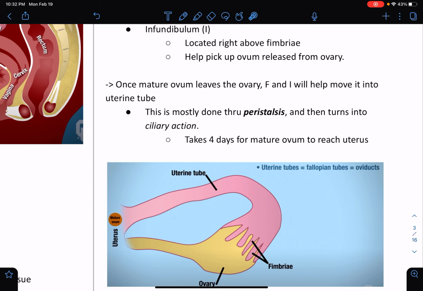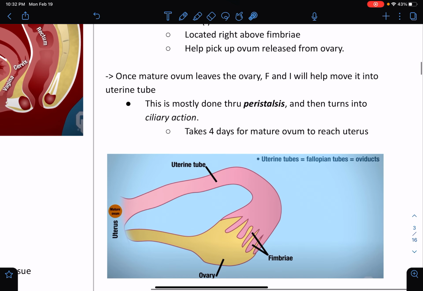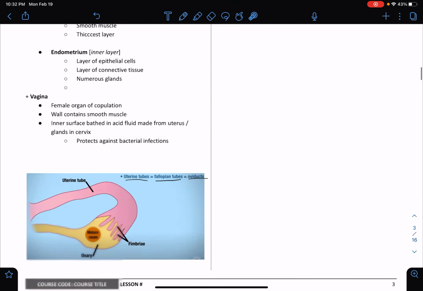From there, it travels through the uterine tube. So fimbriae and infundibulum both work together to help move the ovum out of the uterine tube through peristalsis. It is stated that it takes 4 days for the mature ovum to reach the uterus.